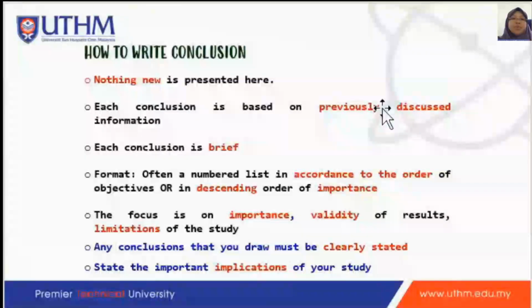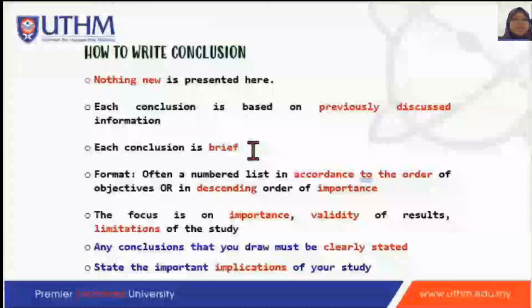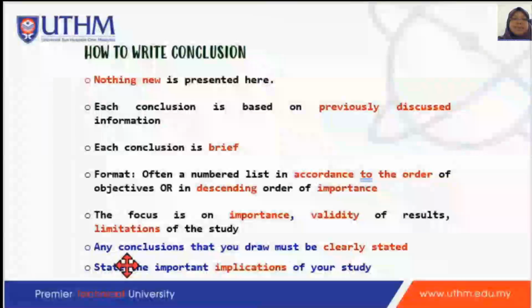How to write a conclusion? Nothing new is presented here. Each conclusion is brief because you have done it in the body of the thesis. So just go straight to the point in the conclusion part. And then state the important implication, and it must be clearly stated.